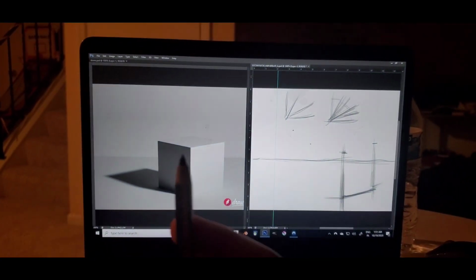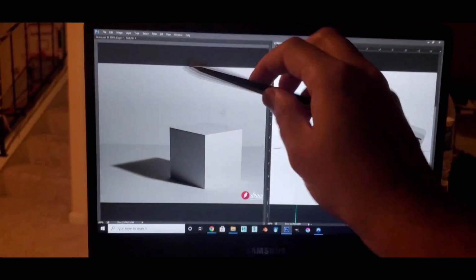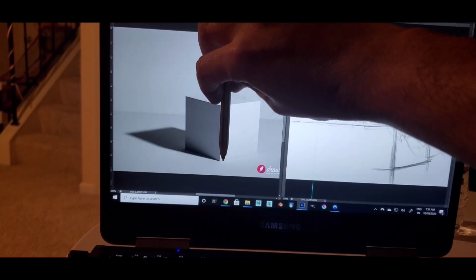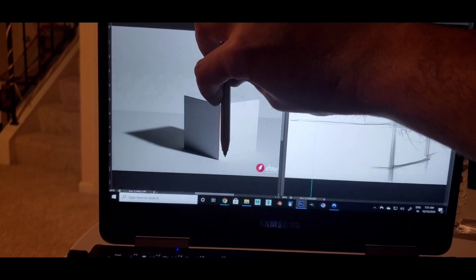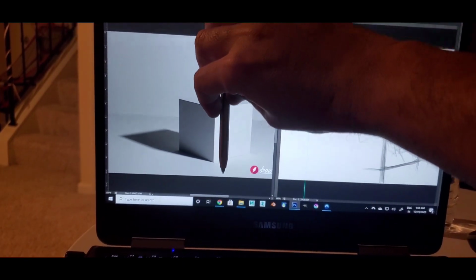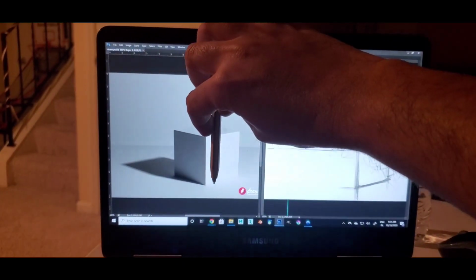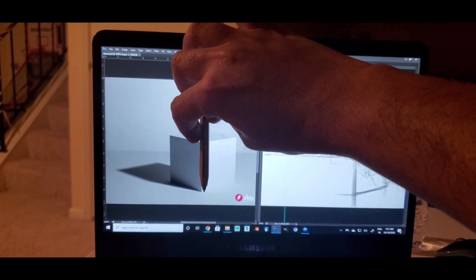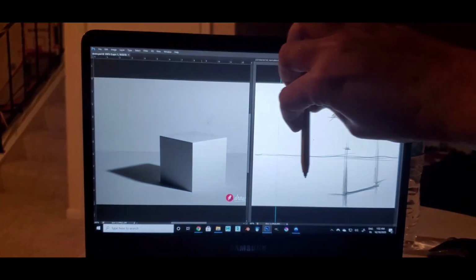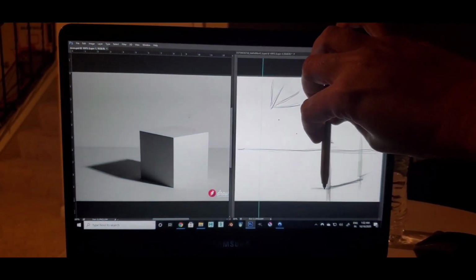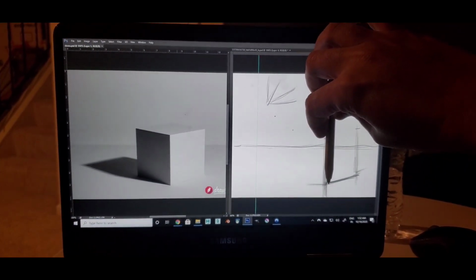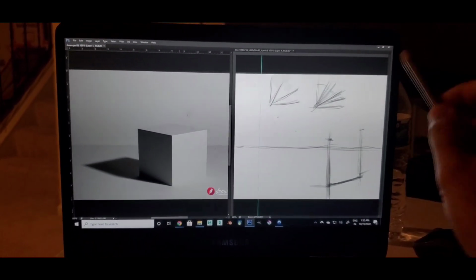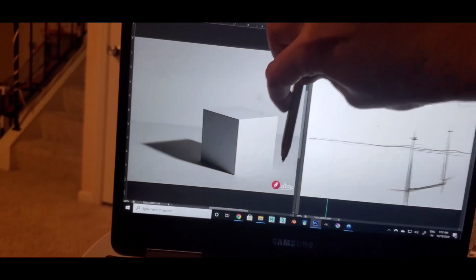Now I'll translate it over here. Less accurate. Similarly, I will check this.